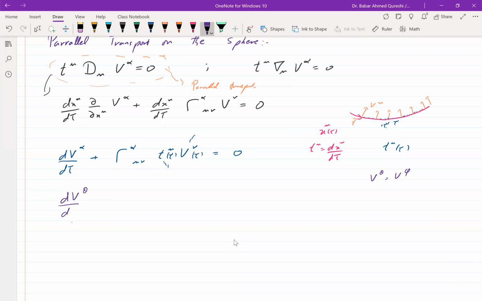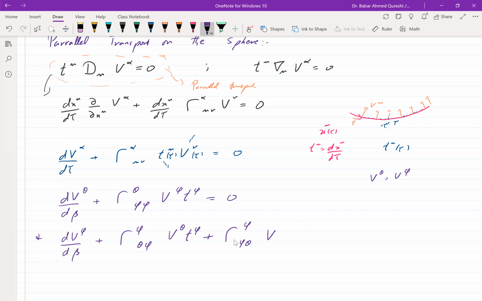So the equation for theta is v phi t phi is 0, and the equation for dv phi is theta phi v theta t phi plus the other way, v phi t theta is equal to 0.